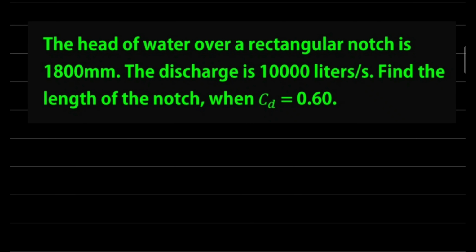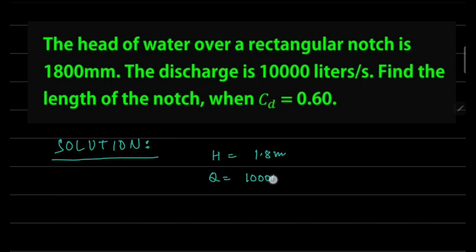The next problem says that the head of the water over a rectangular notch is 1800 mm, and the discharge is 1000 liters per second. Find the length of the notch when CD is equal to 0.6. So let's start the solution. The given values are H, that is 1.8 meter, and Q is 1000 liter per second, so this value will be 1 meter cube per second.